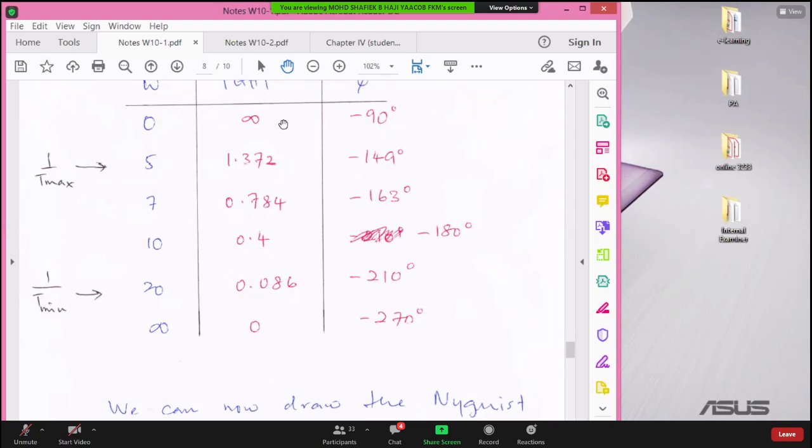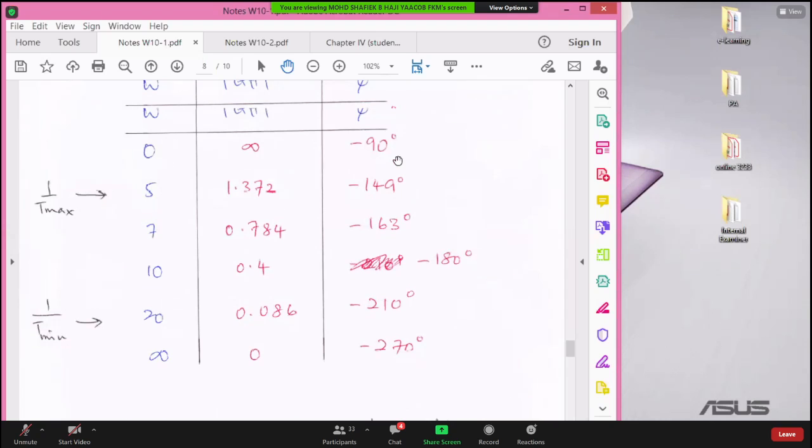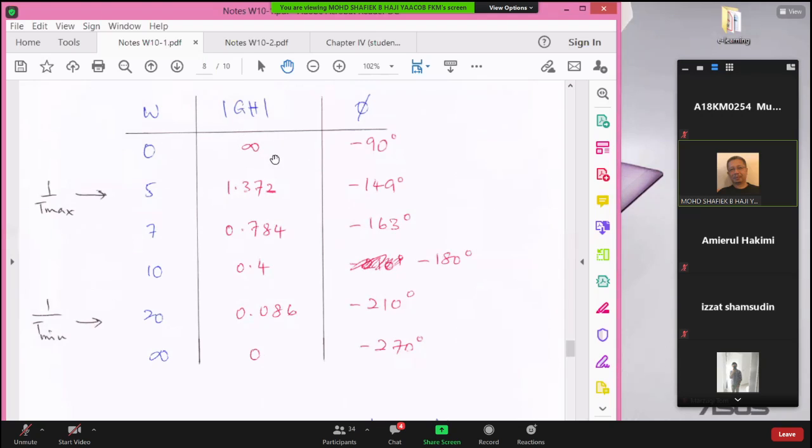So now we can just transfer this. This is, of course, the first point. You cannot transfer the first point, even though the angle is -90, because the magnitude, the radius, is infinite. So it is very far away from the origin. So you cannot start with the first point.